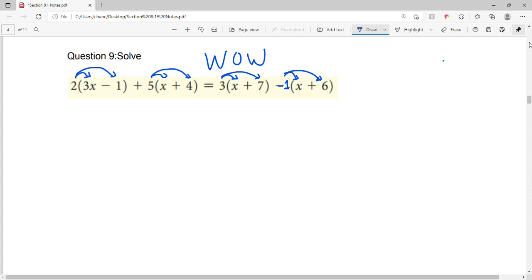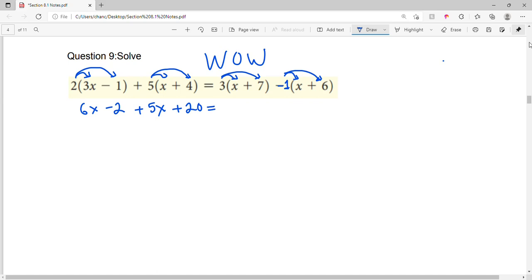2 times 3x, that's 6x. 2 times -1, that's -2. The middle part here, 5 times x is 5x. 5 times 4, that's a plus 20. We bring down our equal sign.